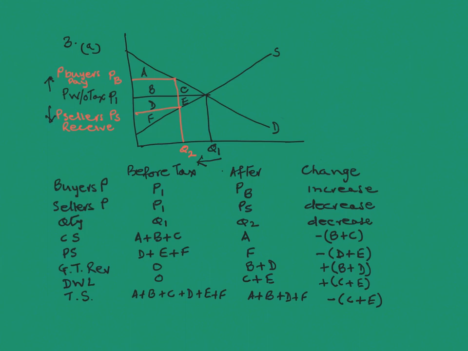But after, the area C plus E is a deadweight loss area. Therefore, the change is positive.